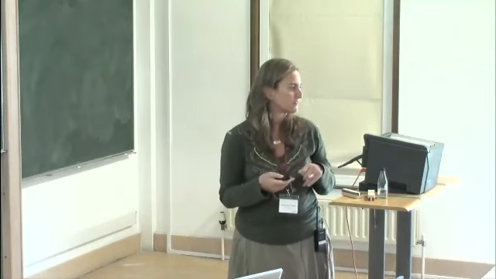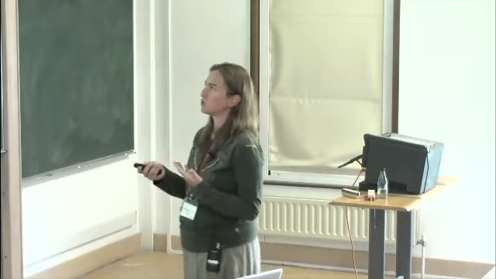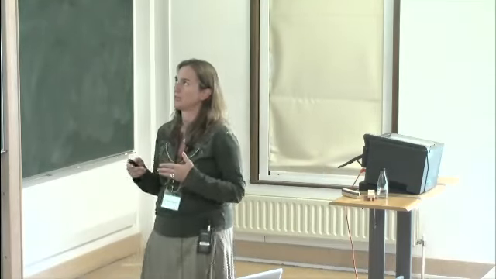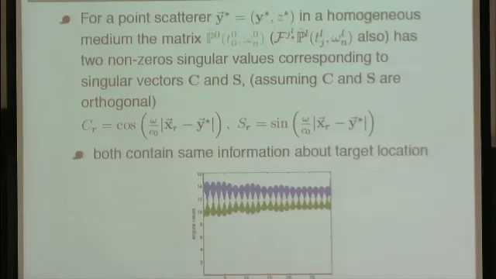Now, if I didn't consider the local cosine transform but the Fourier transform, then for one small target I would only get one singular value that is significant, and the corresponding singular vector would be the exponential of i omega over c0 times the travel distance between the point and the receiver. So this is in the Fourier transform.